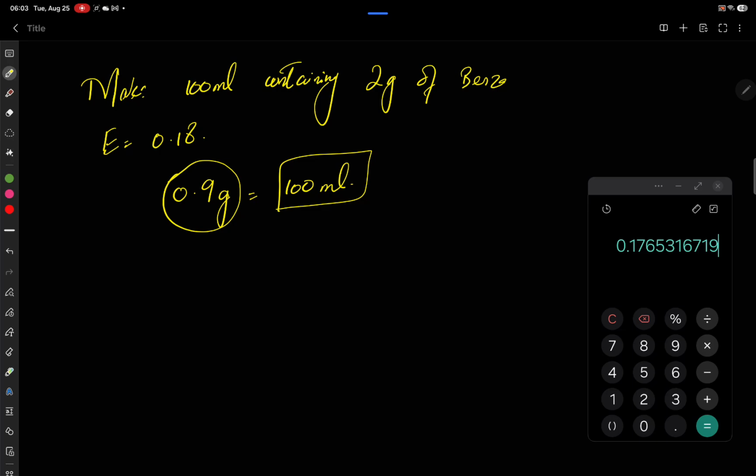And now we will see how much benzylpenicillin will contribute to this 0.9 gram in 100 ml. We have to make 2 gram of benza in 100 ml. The formula is very simple.